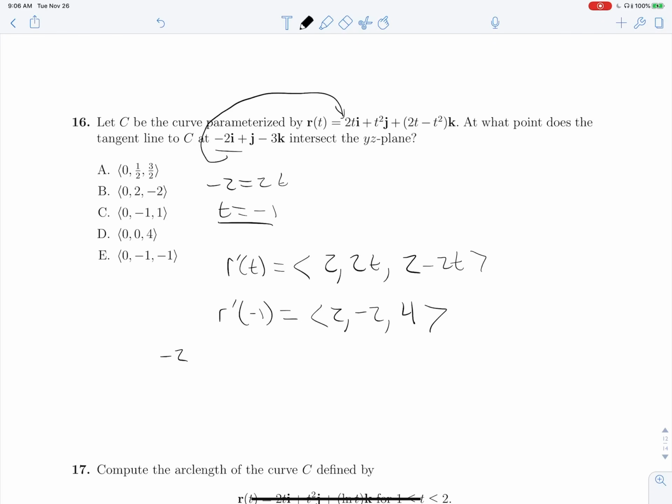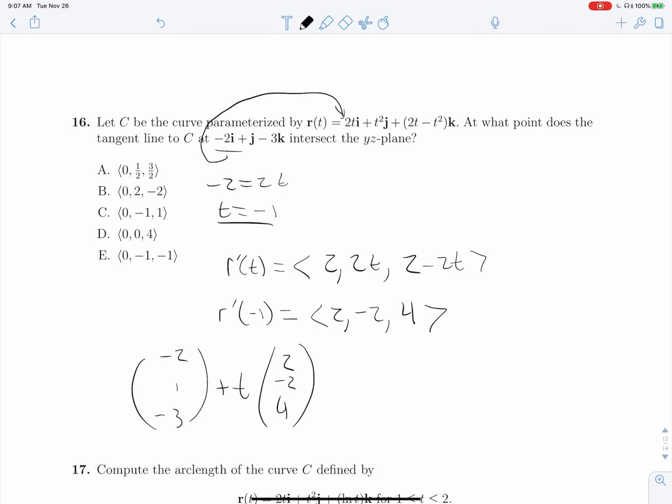This will be -2, 1, -3, which is just a point on the line, plus t times 2, -2, 4. So every unit t, we know that we'll be moving this much. And we want to see where this intersects the yz plane.